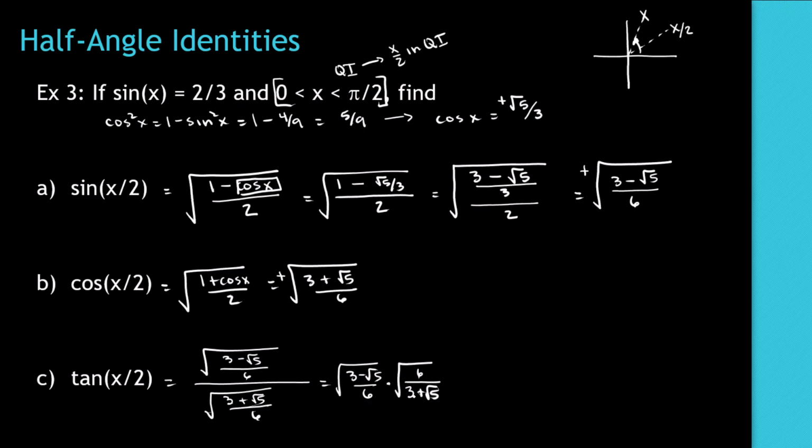And so in doing this, I now see that these 6's will cancel. Because keep in mind, when you're doing square roots, multiplying square roots would allow me to write it this way. And so this will definitely allow the 6's to cancel. And I just end up with 3 minus the square root of 5 over 3 plus the square root of 5, all underneath the square root.